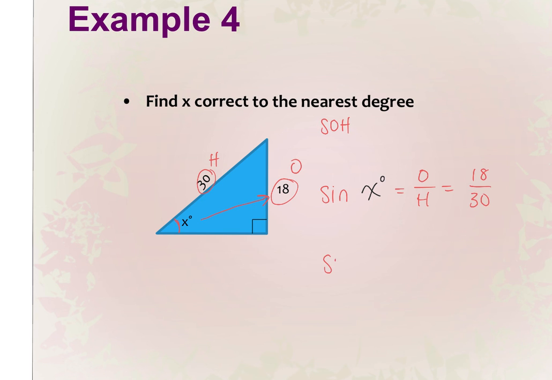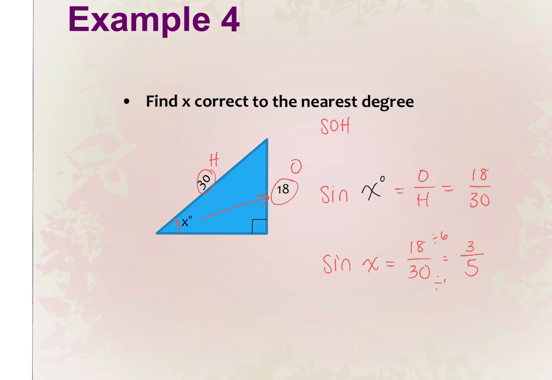Now we have the sine of x equals 18 over 30. So this is going to be what? 3 over 5. Good, because you divided by what?